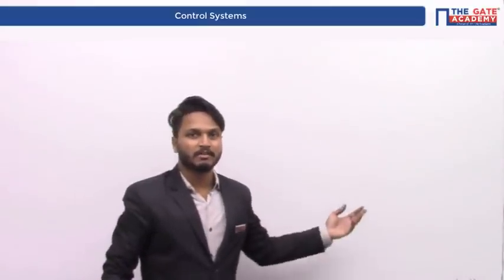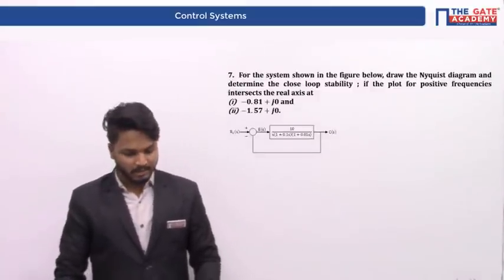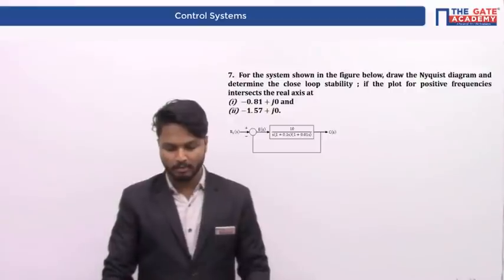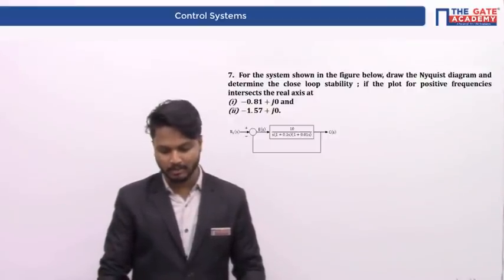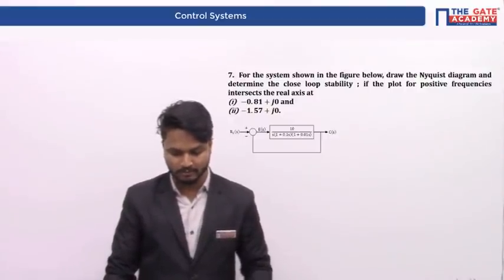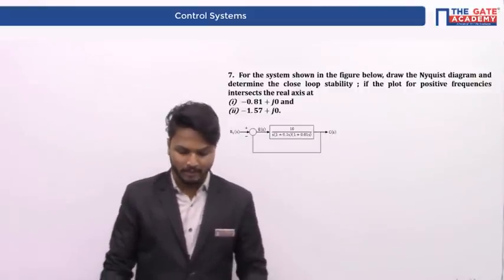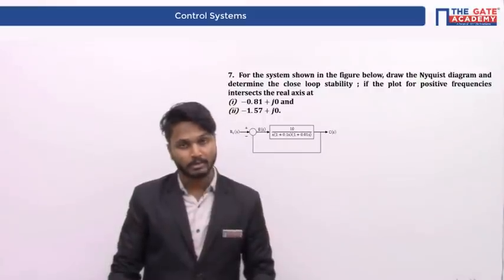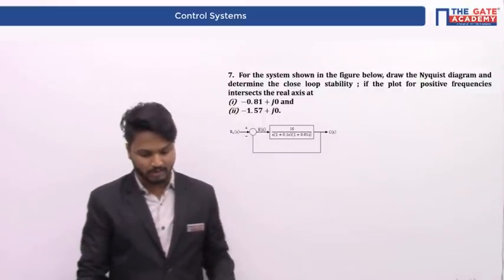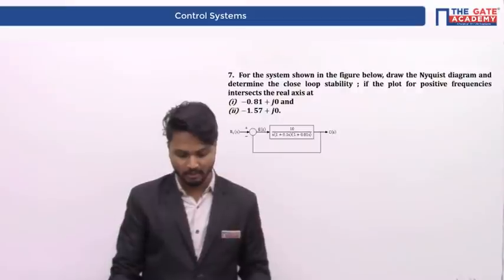So the question number 7, as you can see here, is something like this. For the system shown in the figure below, draw the Nyquist diagram and determine the closed loop stability if the plot for positive frequencies intersects the real axis at, the first sub question, minus 0.81 plus j0, and the second sub question is minus 1.57 plus j0.